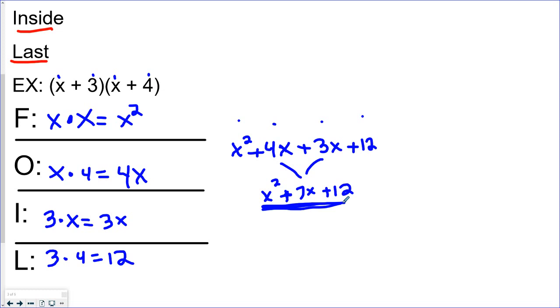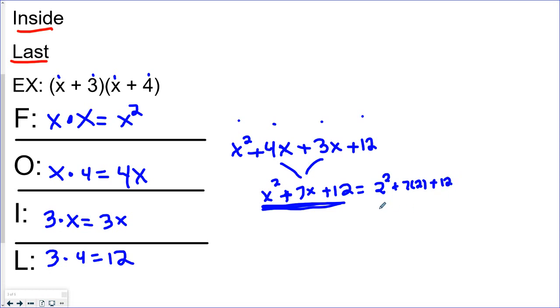And again, if you want to check, plug in a value and see if it's consistent. So here, if I plugged in a 2 for x, on the other side, we saw that we got 30. So if I plug a 2 in for x here, I should get 30 in order to keep things consistent, right? So 2 squared plus 7 times 2 plus 12.